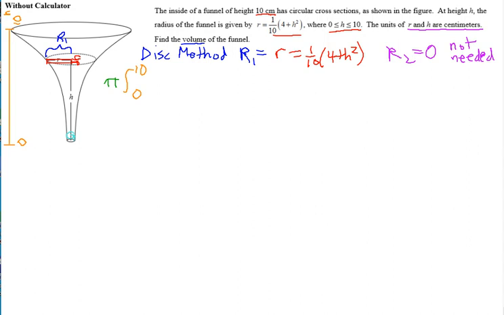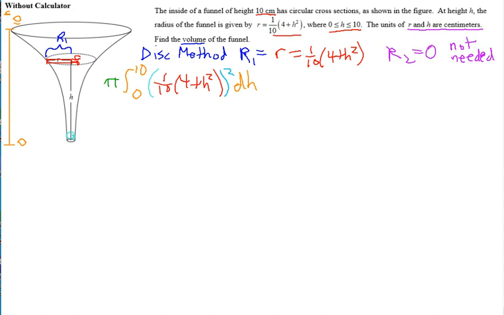So it's this whole r1, which they give you, 1/10 (4 plus h squared), that whole thing squared, times dh. That's the integral using the disk method that will give us the volume of the funnel.